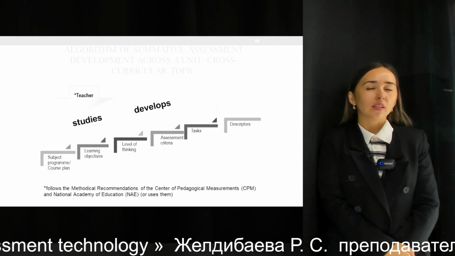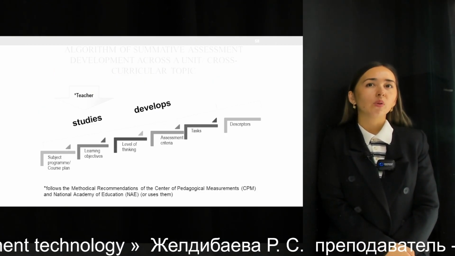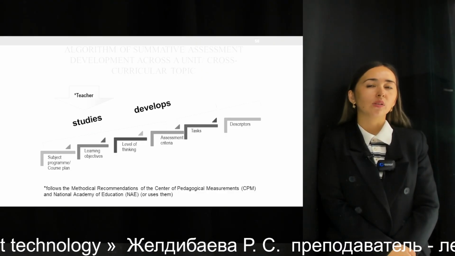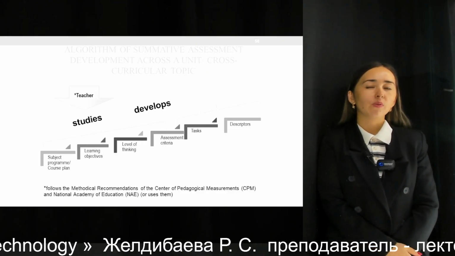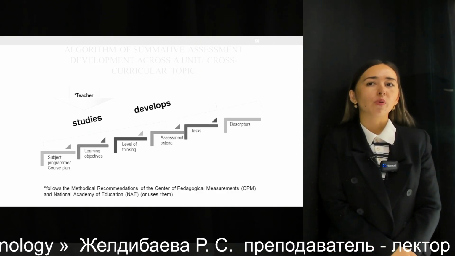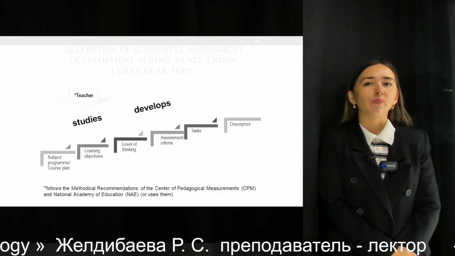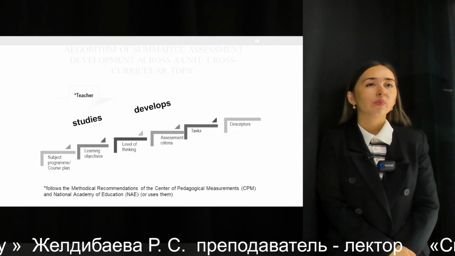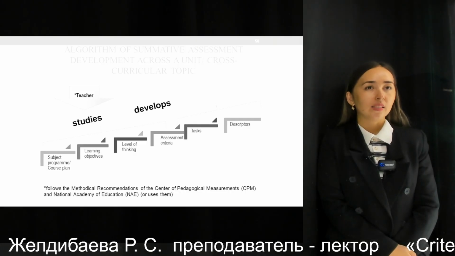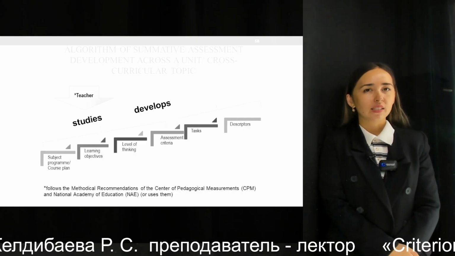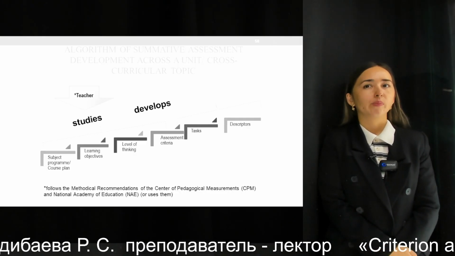So, in front of you is the algorithm of summative assessment related to the steps. The first step is subject program, course plan, learning objectives, level of thinking, assessment criteria, tasks, and descriptors.